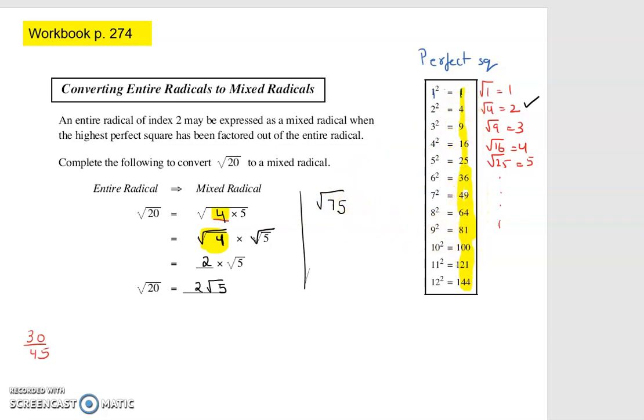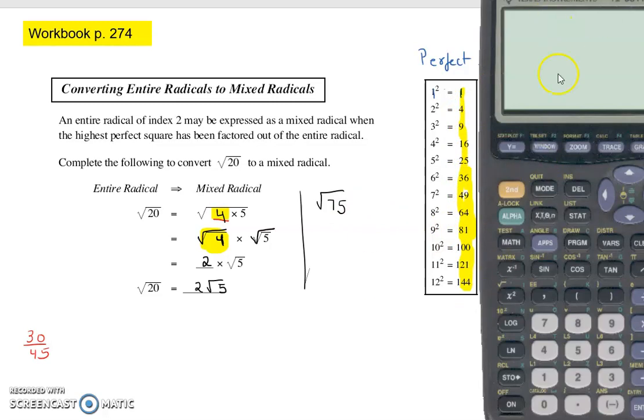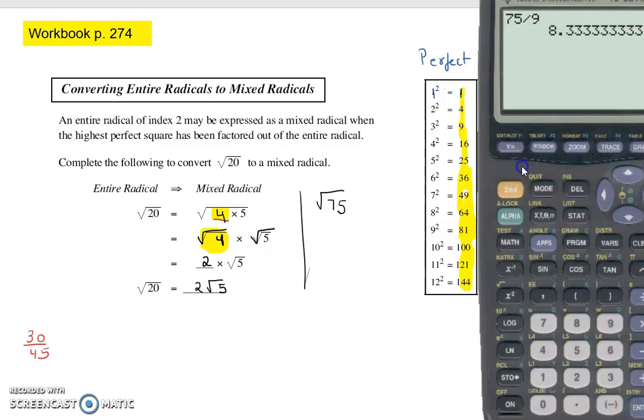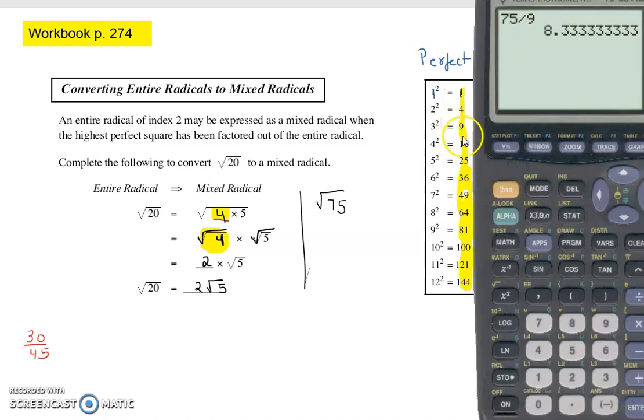Now, I could check with my calculator if there's any number here that 75 can divide nicely with. So if I try going and I say, okay, I'm going to try 75 divided by 9, well, that gives me a decimal. That doesn't work. How about by 16?